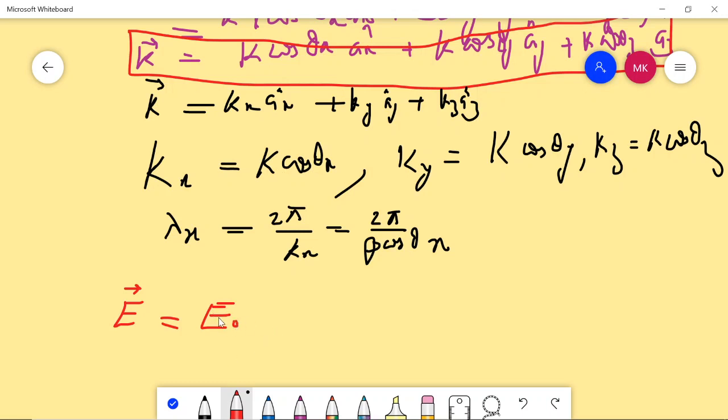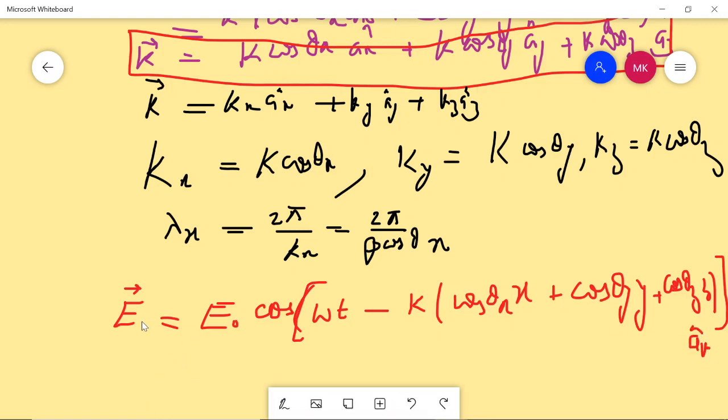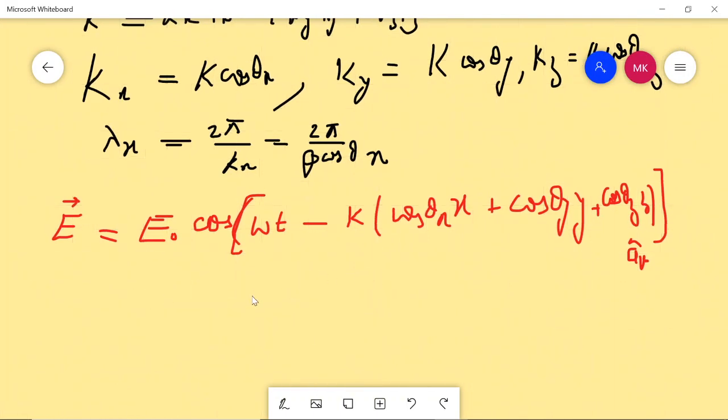It will be E naught cos of omega t minus, what earlier we had as kx x, now it will be k times cos theta x x plus cos theta y y plus cos theta z z, and then multiply with the ae direction. So you can write this equation in this form.